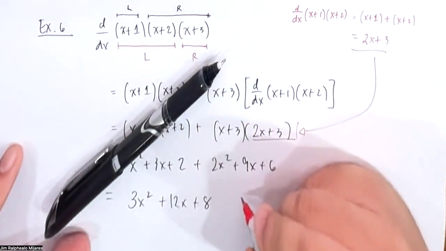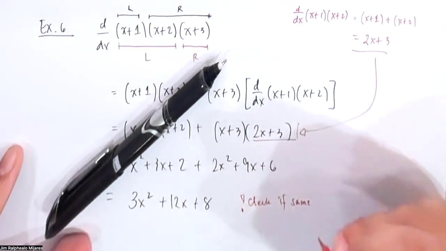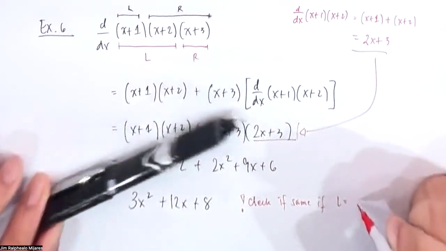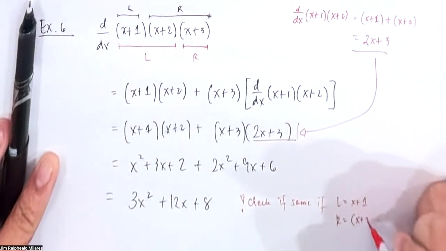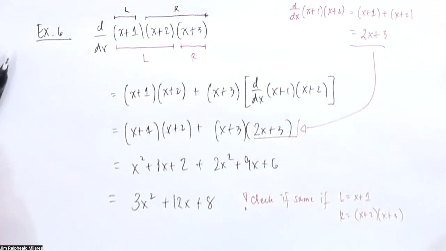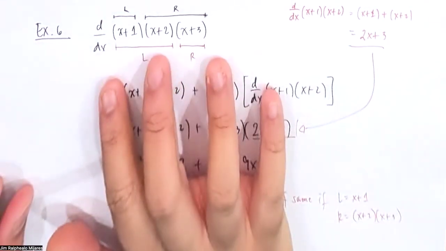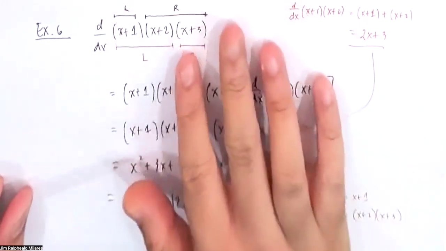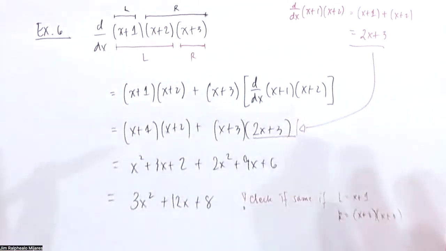So I guess check if same, if L is equal to x plus 1 and R is equal to x plus 2 times x plus 3. Check if your derivative is the same. Okay? But of course, you can do the multiplication at the onset, then you can avoid the product rule. Definitely, right? But that's not fun.